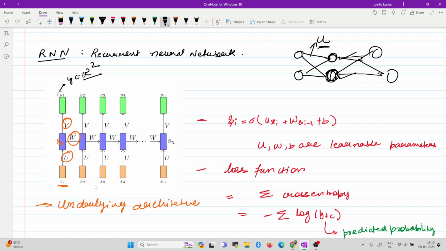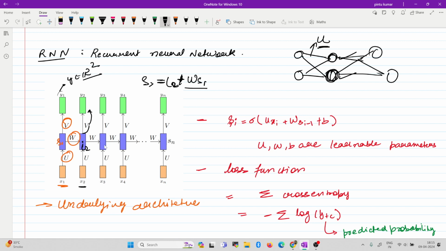Now when you input X2, you obtain, let's say, an intermediate I2. In order to obtain S2, in I2 you add W times S1, and then you pass it on to your output layer. You name this S2. So S2 is I2 plus W times S1.